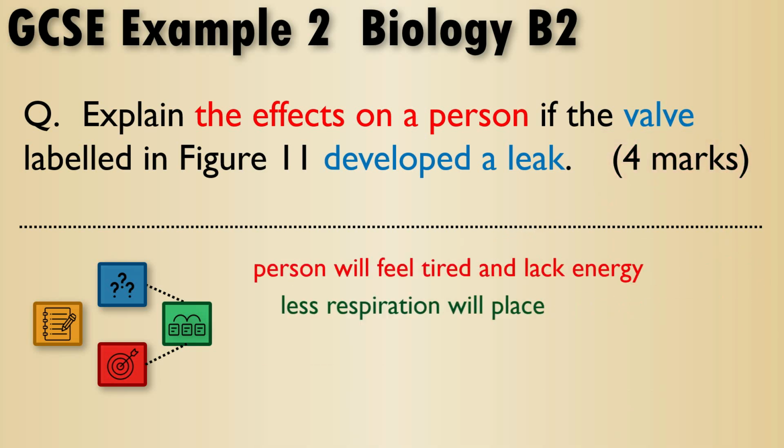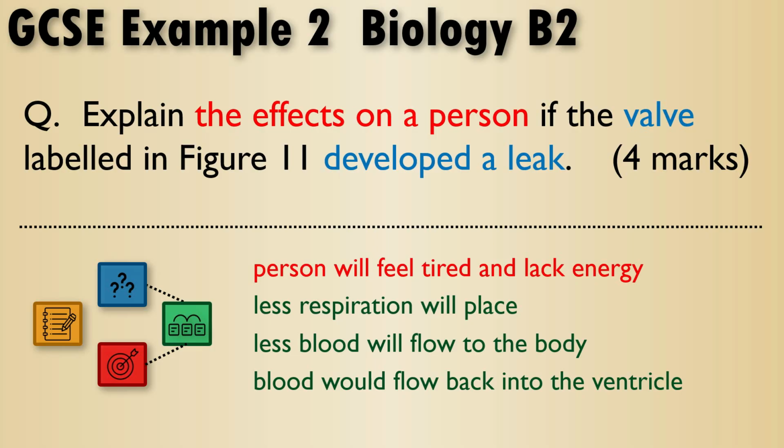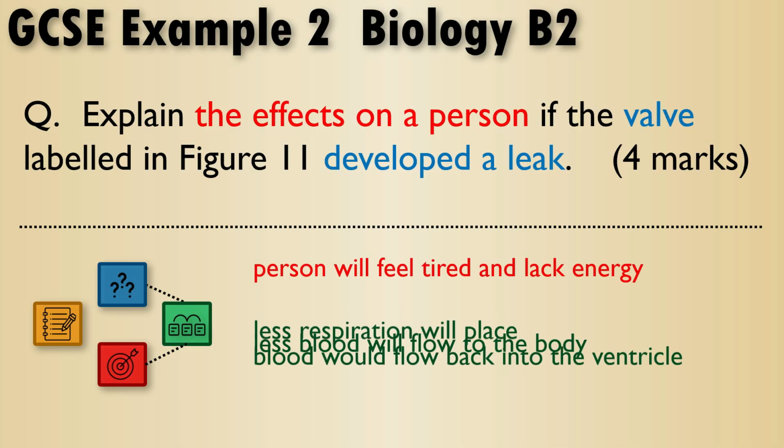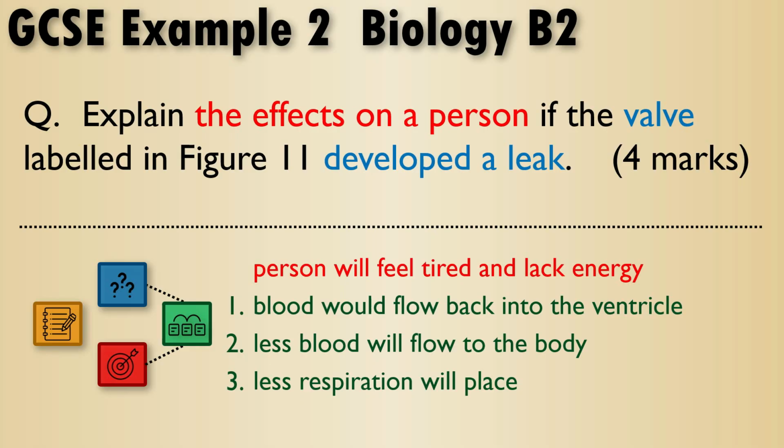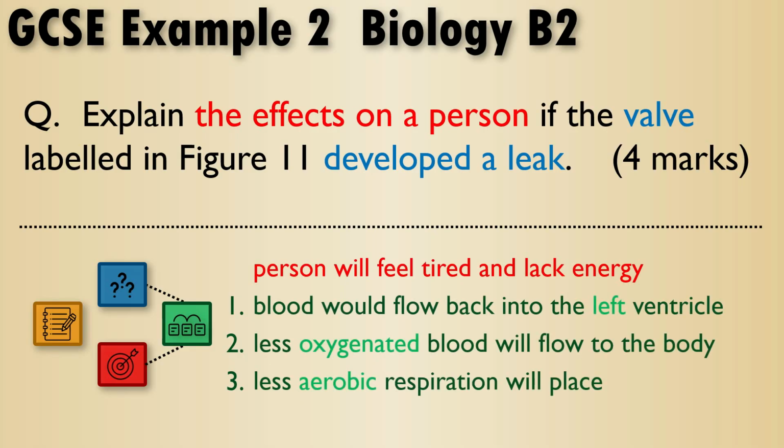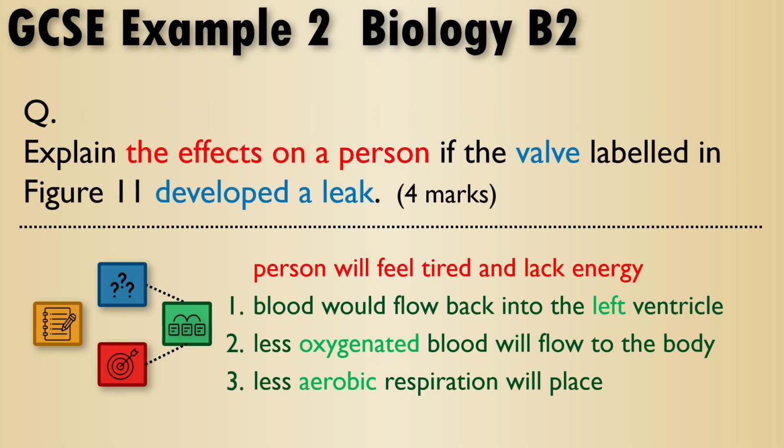So in my planning, here is my why and my 3 steps. Let's check the order to make it a better sequence. Have I included enough detail? No, I want to make it clear that it is the left ventricle and the oxygenated blood flows from this. Also, aerobic respiration, that will be less. Now I write my answer.